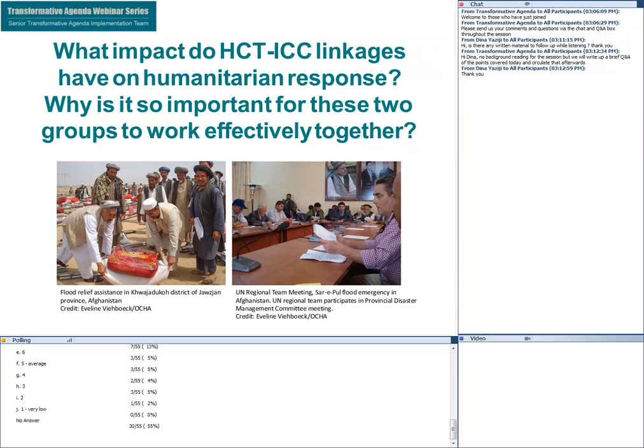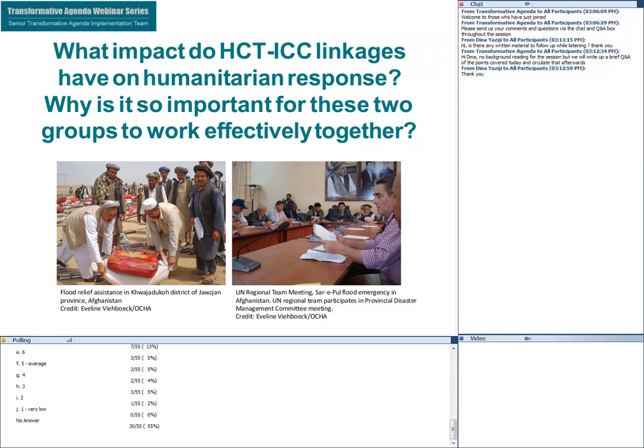So the two groups are not really talking together. And we will probably come a bit later in the discussion to the interconnection between the two groups and the role of the humanitarian coordinator, the role also of the cluster lead agencies and OCHA, to make sure that this link is established.